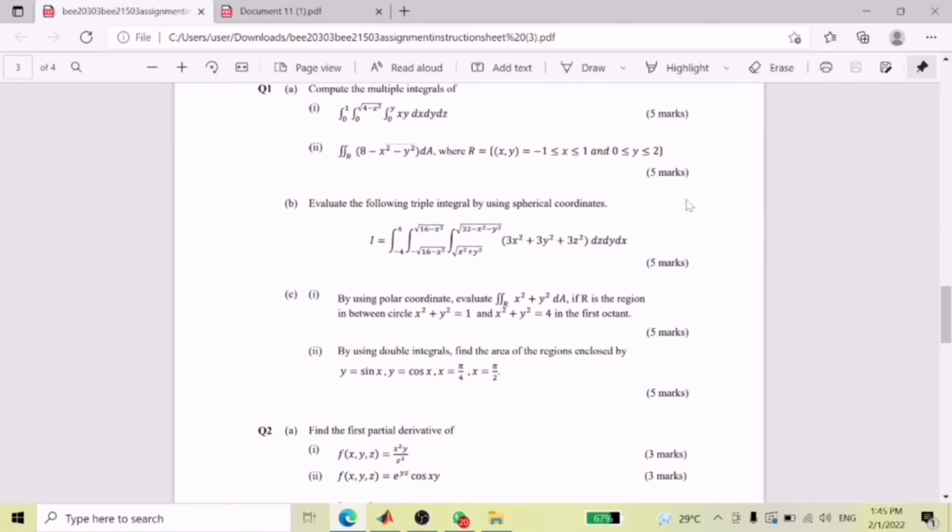For question 1B, we just write this in our MATLAB also, with our lower limit and upper limit for dx, this, for dy, this, and for dz, this.